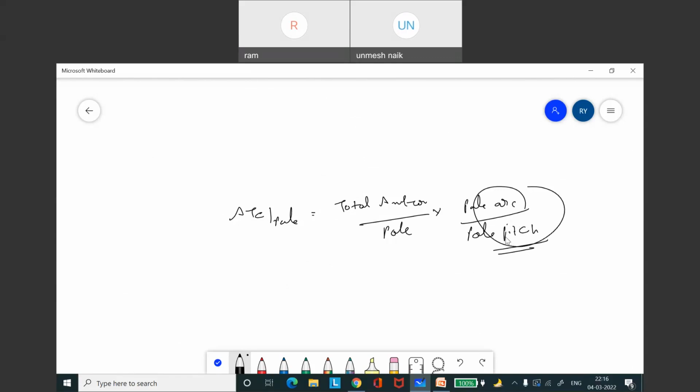He has specified 80 percent, that is, the pole face covers 80 percent of the pole pitch, so that is 0.8. Total ampere turns per pole is Z into armature current Ia by 2 into parallel paths into P. Z is 500, 2 parallel paths, poles equal to 8, 0.8, giving 3.125.